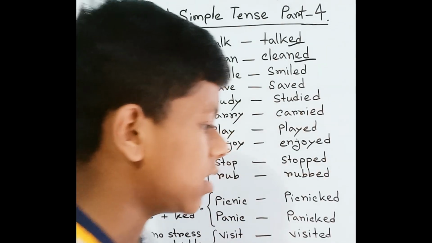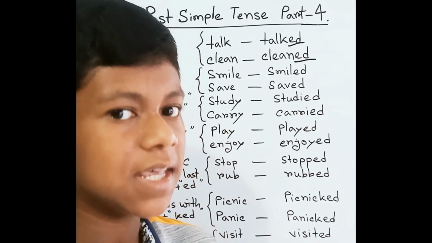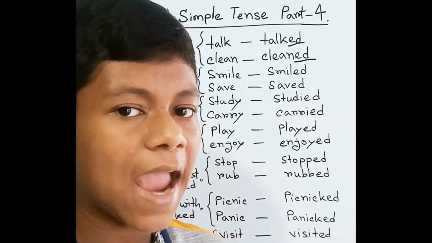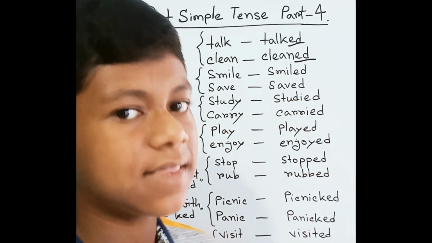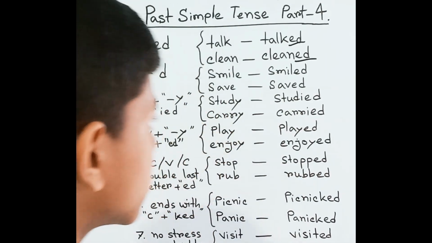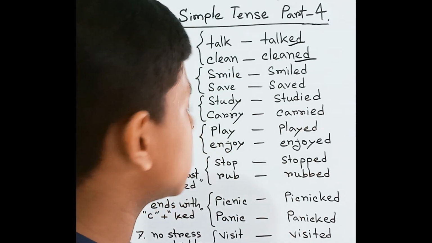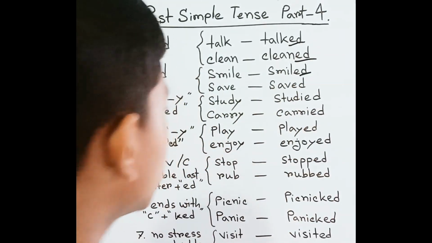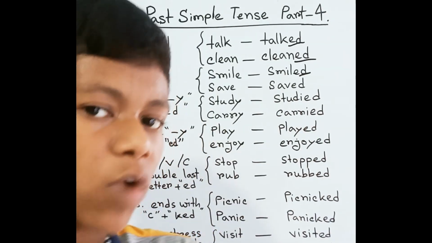And number 2 is when the verb ends with the letter e. We don't need to add the e again, we just add d. Because the verb already ends with e, we just add d, not ed. I have written plus d, which indicates you have to add the d.